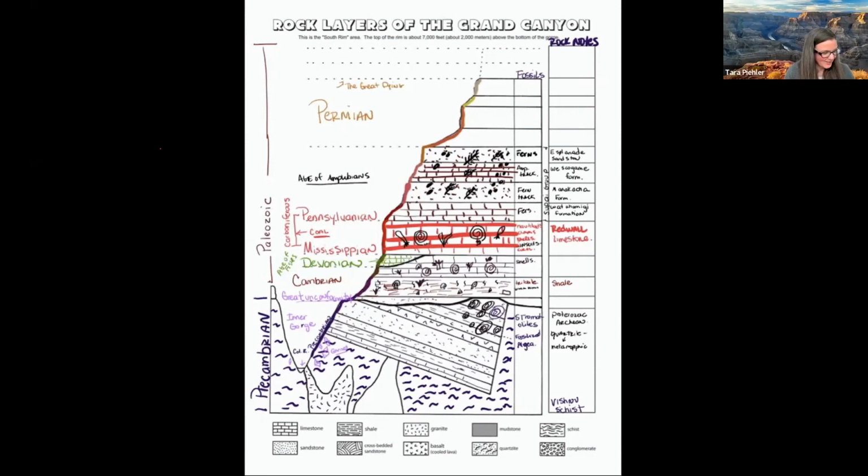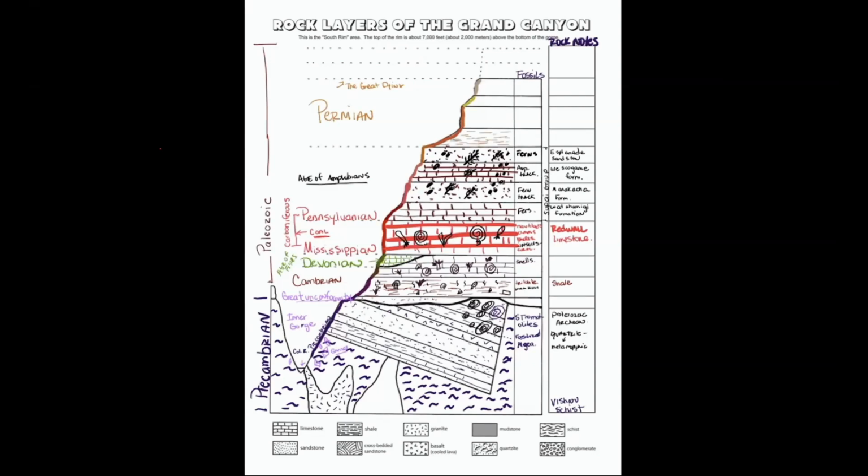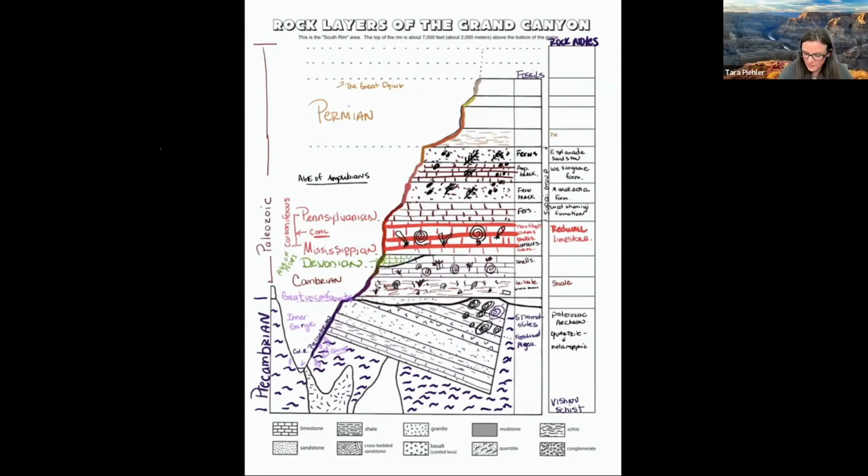The first layer of the Permian is going to be shale, right? So we're going to draw our lines, which I love shale because it's so easy to draw some random thin lines. And this is actually called Hermit shale. No relation to hermit crabs.